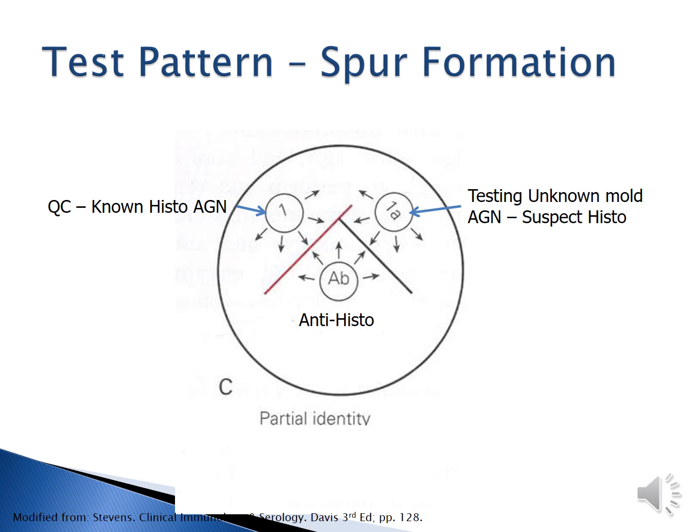The antigens are similar, but they are not exactly the same, and this histoantibody will actually diffuse out further and connect with those more specific histoantigens further down the line, and this is what creates that little extra line past the unknown antigen line, that little spur, and this is what is considered partial identity.